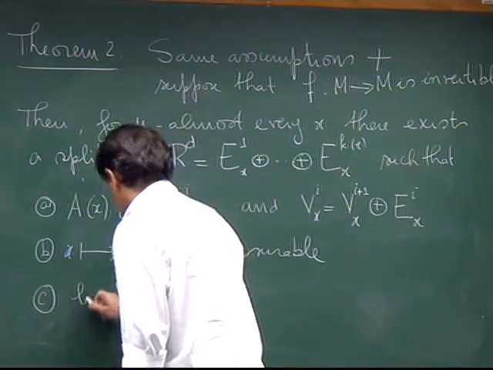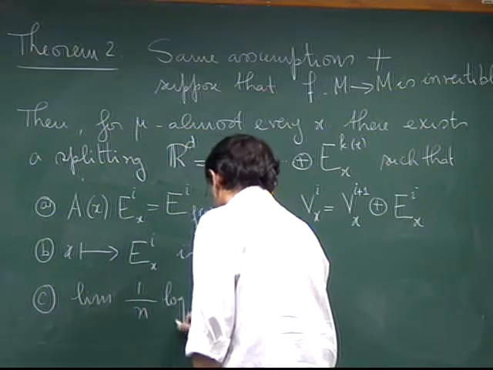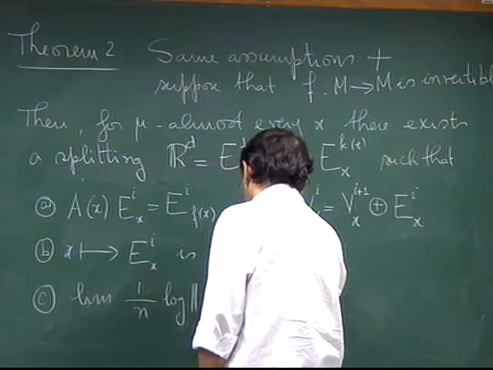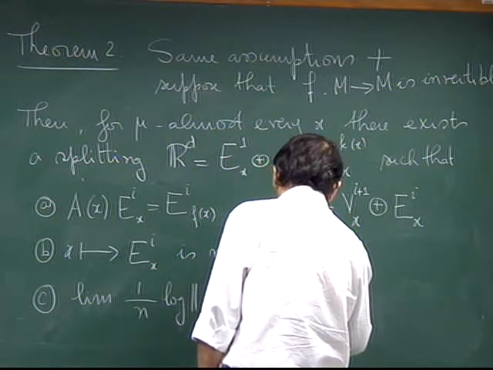And the third condition is that the limit of 1 over n log of the norm of A^n(x) v, for v in E_i, is equal to lambda_i(x).